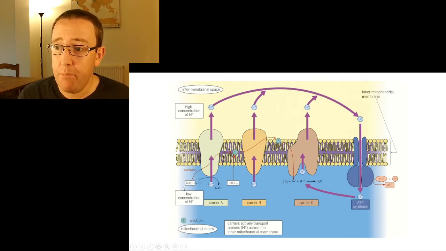That protein both oxidizes the NADH back to NAD, and coupled with that, it pumps protons. So that energy is pumping protons out of the matrix and into the intermembrane space. So you're ending up with a high concentration of protons out here, and a low concentration in here.